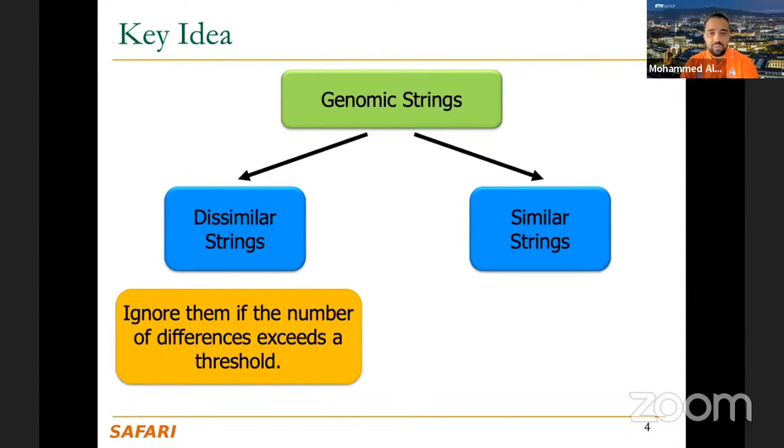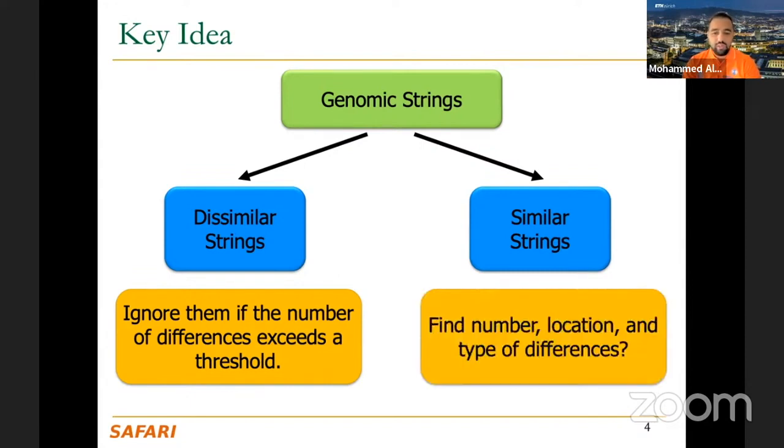As we said multiple times, if your edit distance threshold is 5, and the number of edits between any 2 sequences is 6 or 7, then that is what we call dissimilar sequences. And in this case, we really don't care about the type or the location of these edits, whether they are substitutions, deletions, or insertions. We just ignore them.